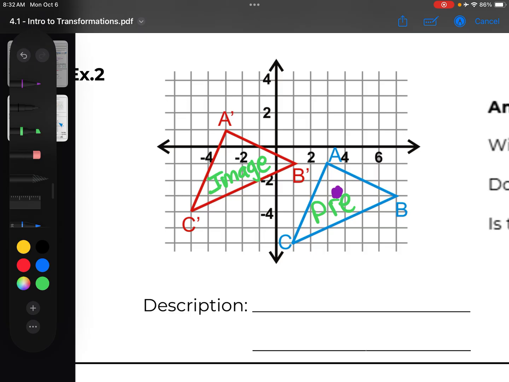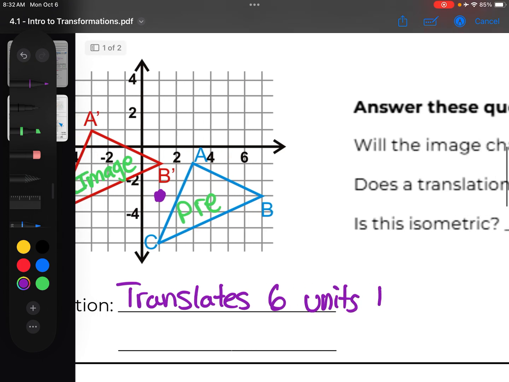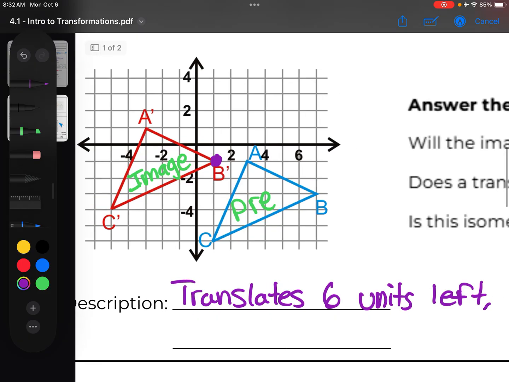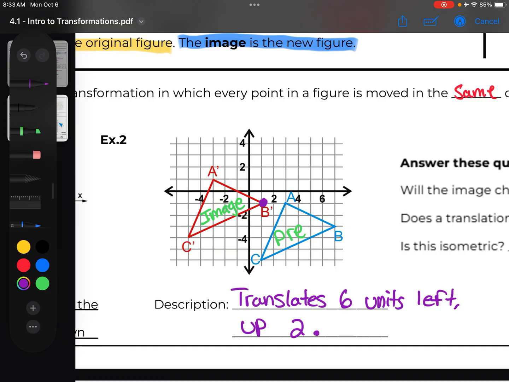It moves 1, 2, 3, 4, 5, 6. So it moves 6 units left. Then to get from this purple point up to the new point B, you have to move up 1, 2. So it moves 6 units to the left and up 2. Keep that in mind when describing a translation.